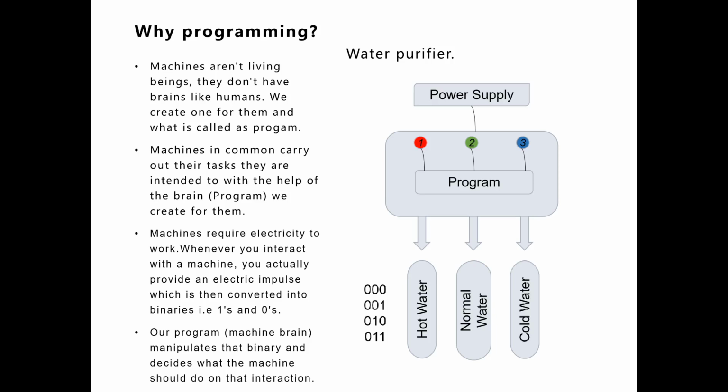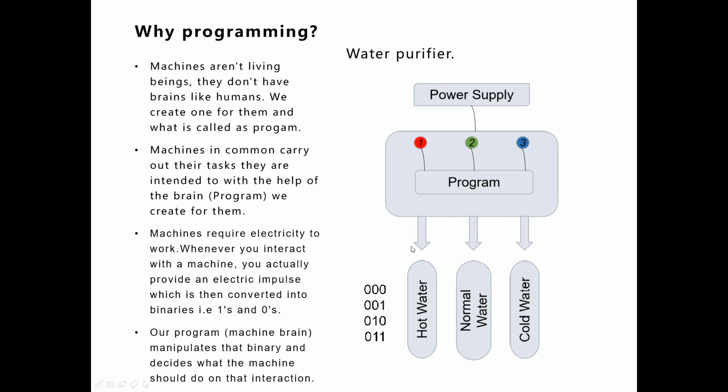This is how the other two work as well, wherein 2 and 3 pass certain different amounts of voltages which are converted into different sets of binaries, helping the program to distinguish and then open the particular valve as intended.